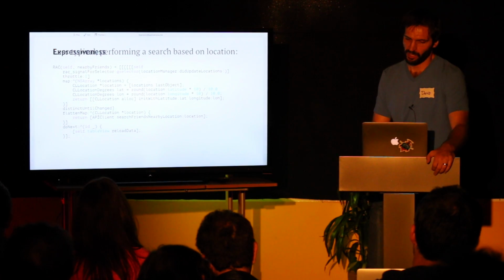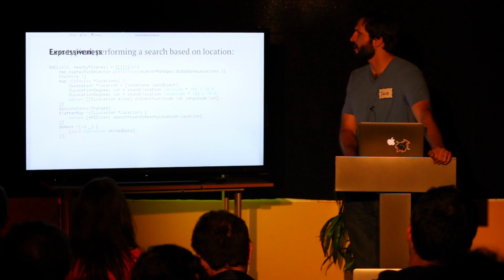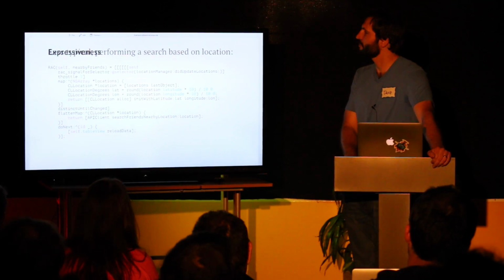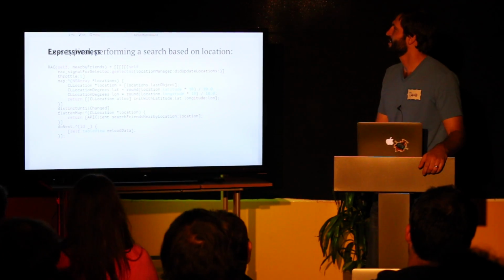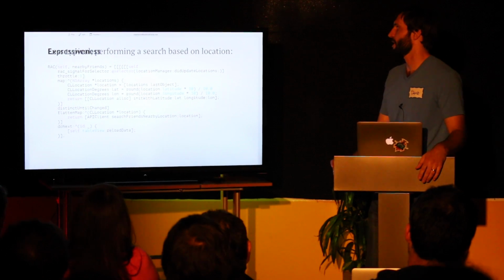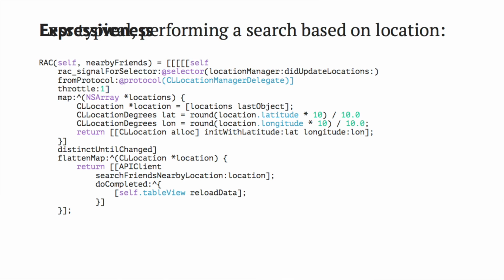So here's a little bit more complicated example. This isn't your typical example. Imagine you've got an app that's showing your friends nearby. When you're moving, your friends might move, but we're not going to factor that into this one.